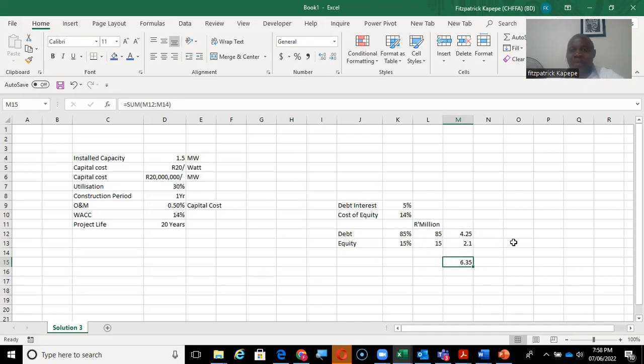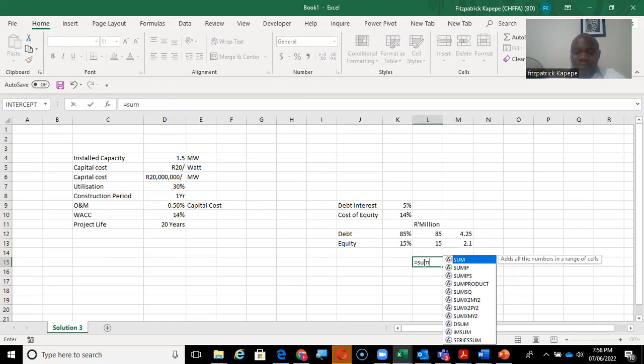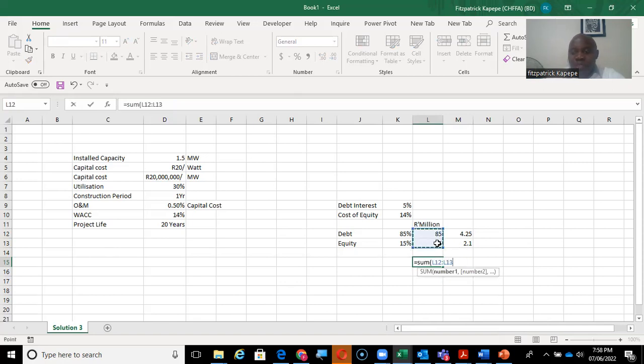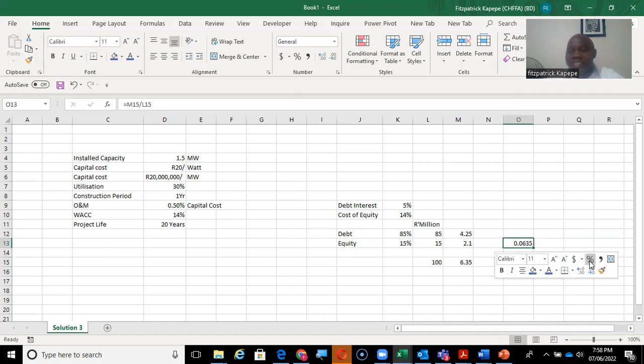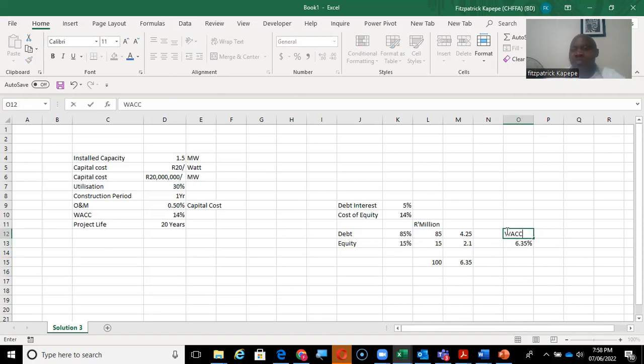So what then does it mean when you have these numbers? You now need to check what is the total investment this side for you to know your WACC. So your total cost would be 6.35%. This is what you're going to have as your WACC. It is this number that you're going to use going forward as the weighted average cost of capital.